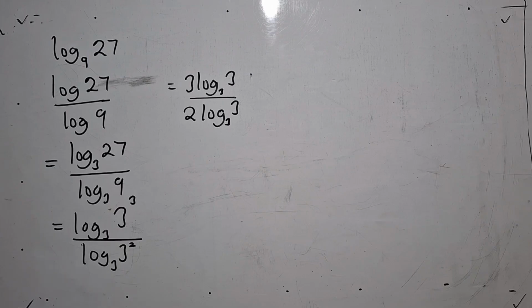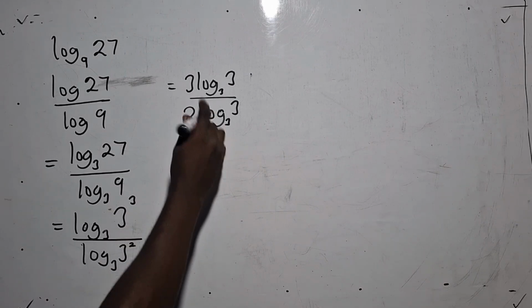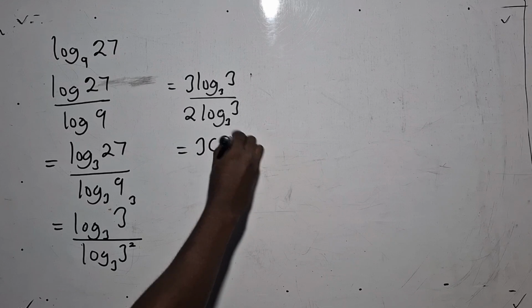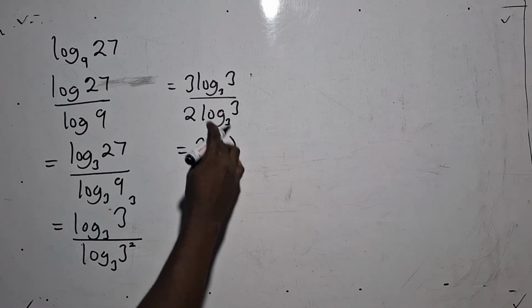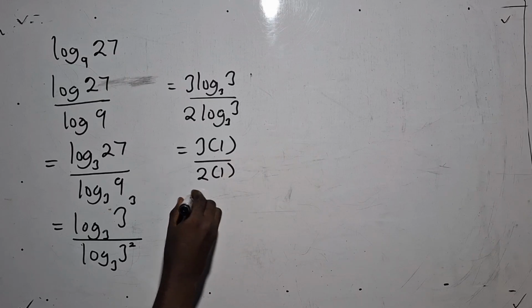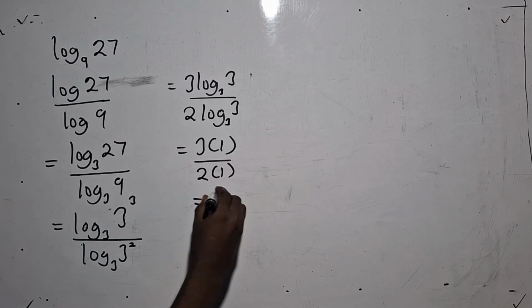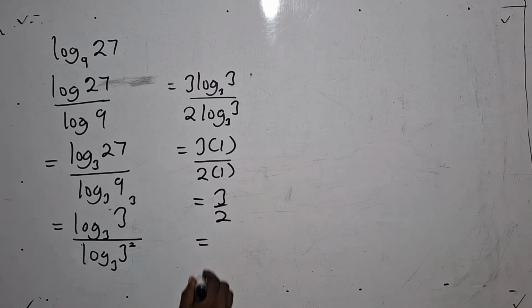Now this will give me 3 times 1, since the log of itself is 1, then 2 times the same 1. So this will give me 3 on 2. Therefore, using the change of base method, the answer here is 3 on 2. This is how we solve it.